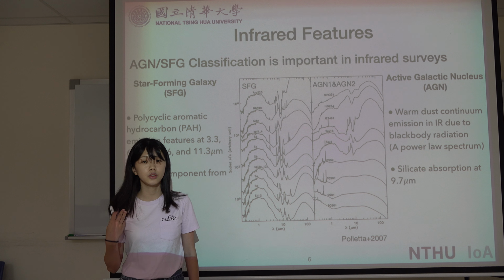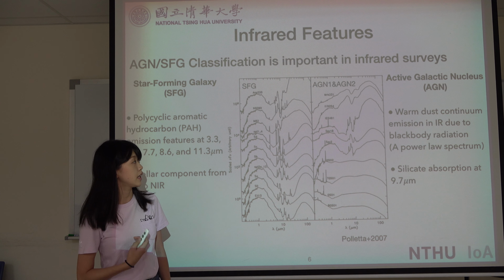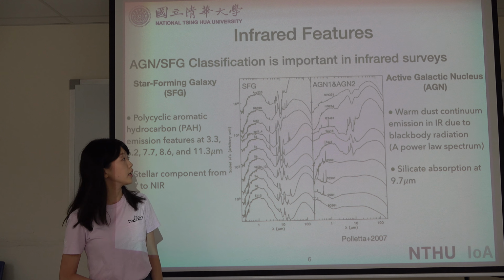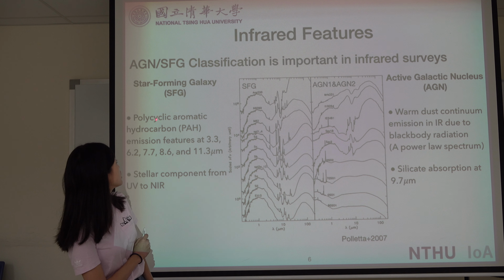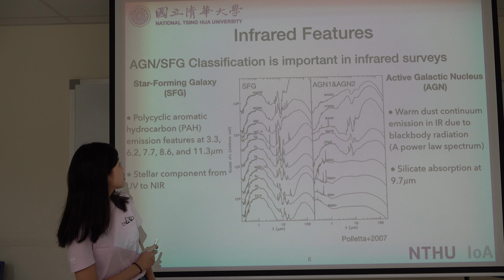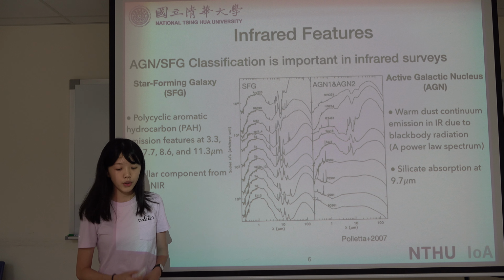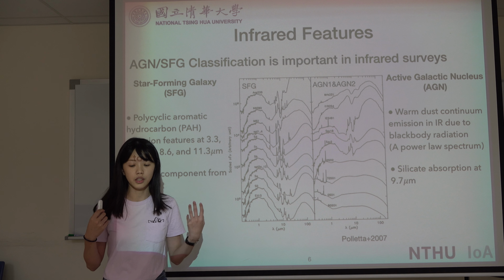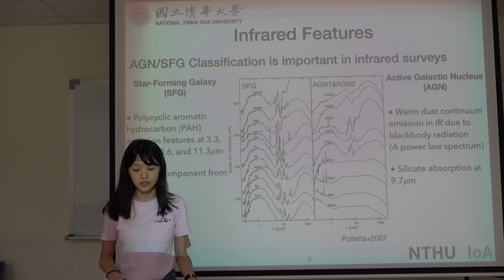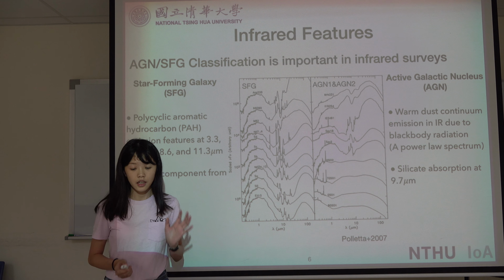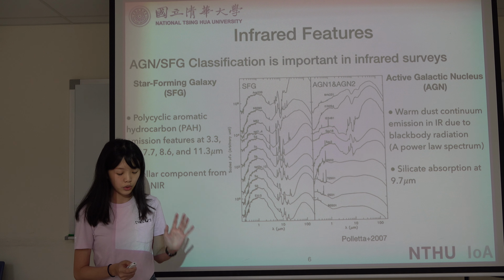However, if we want to use mid-infrared to select AGNs, we also need to know there's another kind of source that has a unique feature in the mid-infrared, which is star-forming galaxies. Star-forming galaxies have strong PAH features in the mid-infrared. So it's very important for us to do the AGN and star-forming galaxy classification if we want to use mid-infrared.